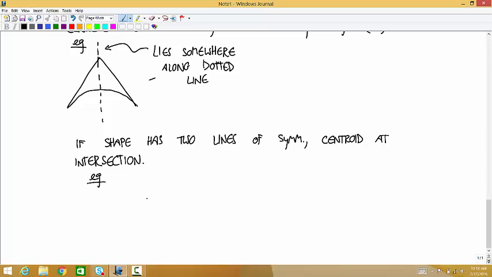For example, if you have a rectangular shape, that's a line of symmetry, that's a line of symmetry, so the centroid has to be there.